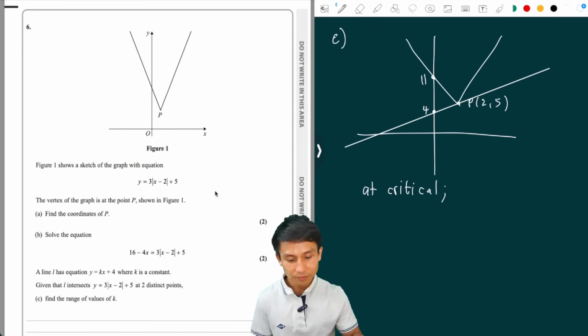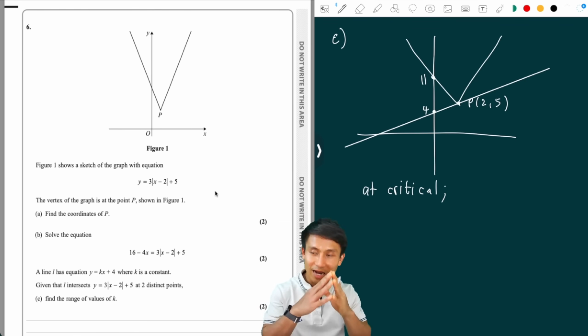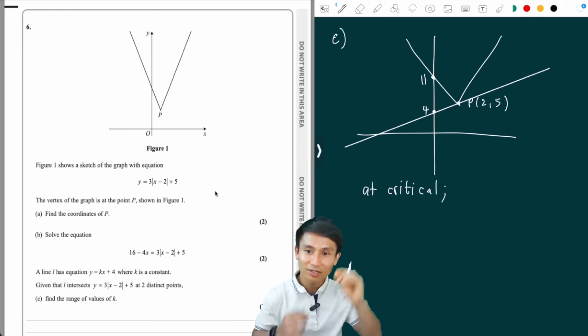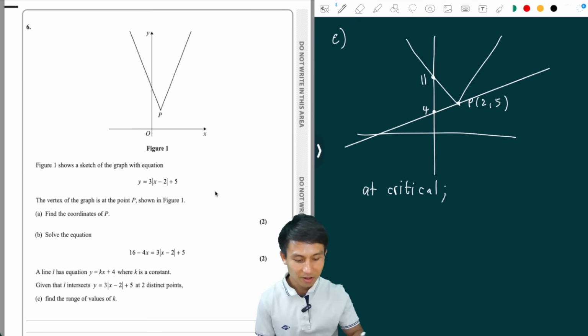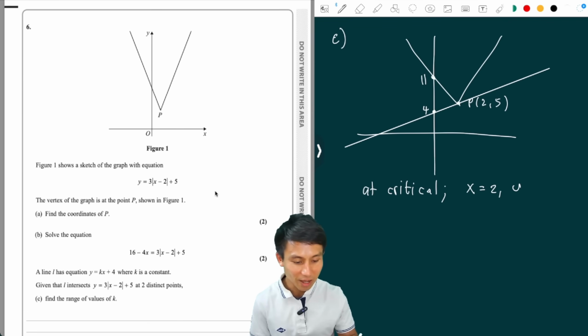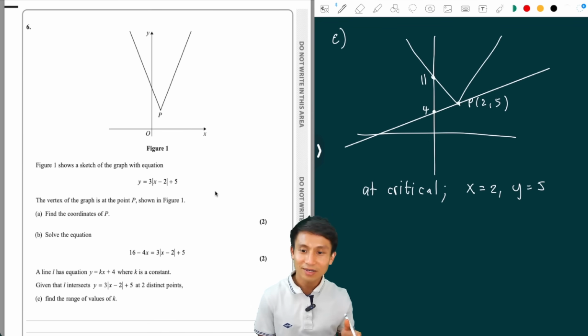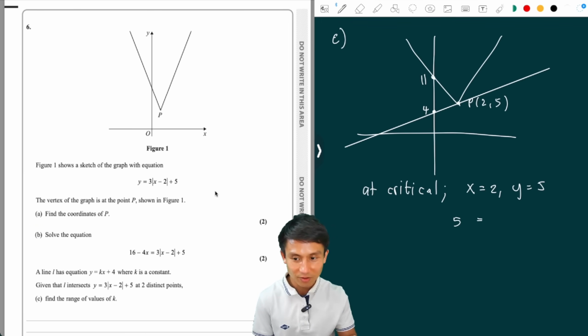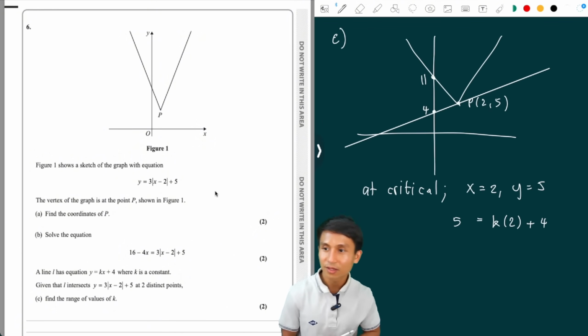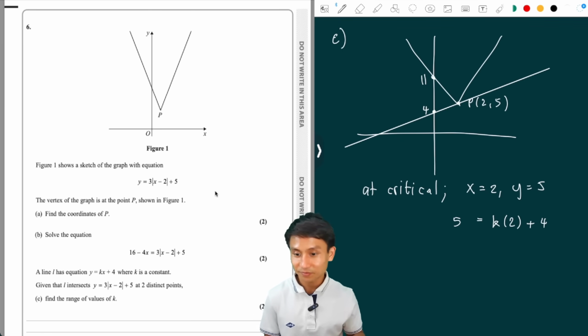At critical, the line of an unknown gradient intersects the vertex of the V shape. So x is equal to 2, y is equal to 5. You can just substitute these two coordinates into that linear function of an unknown gradient. So it's 5 equals k, which we want to know, times x being 2, plus 4. So you solve for k like this.